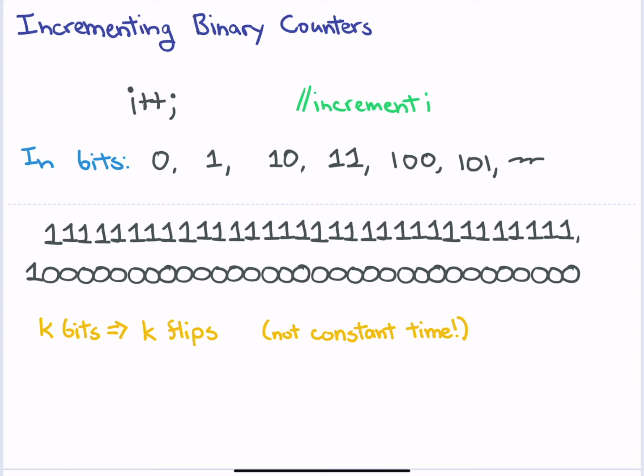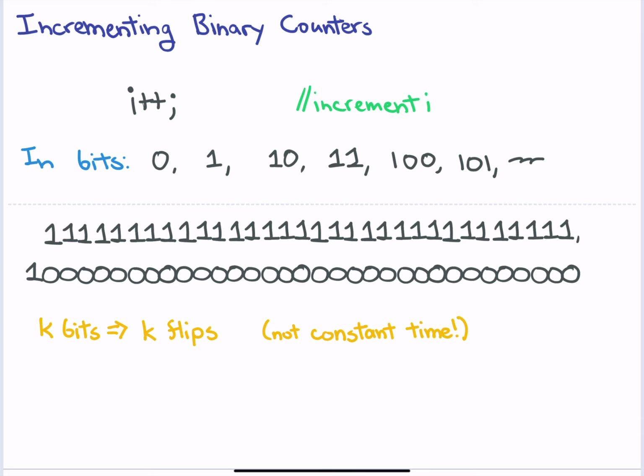But I still want to argue that its running time is very reliable. Okay. And so to do that, we're going to zoom out a little bit and not just worry about one increment at a time, but say, okay, if I did 1,000,000 increments, what's the total time spent on the 1,000,000 increments? If I did 10 billion increments, what's the total time spent on 10 billion increments? And so on and so forth.